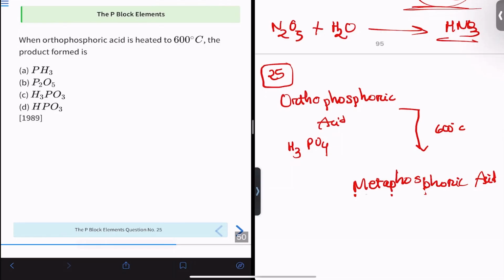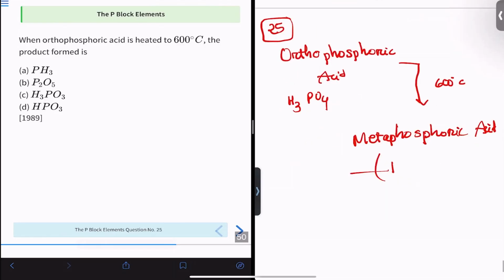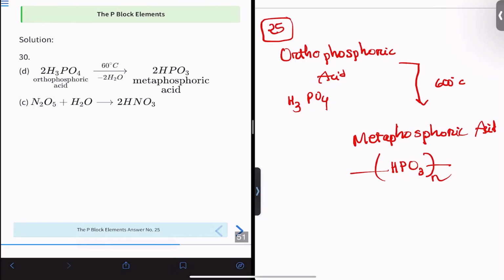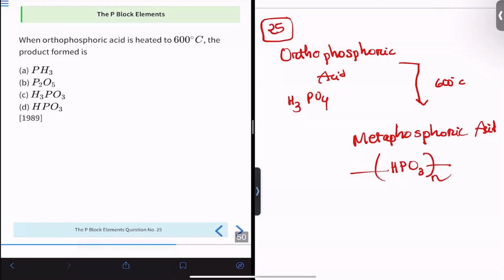The formula for metaphosphoric acid is (HPO3)n, and multiple molecules of HPO3 are connected in a polymer ring. That is only metaphosphoric acid. So when you heat it, it will give rise to metaphosphoric acid, that is HPO3. In which option is metaphosphoric acid given? Option number D has metaphosphoric acid.